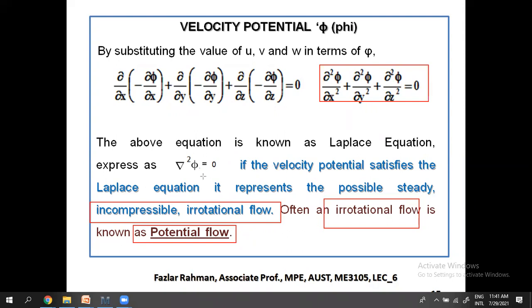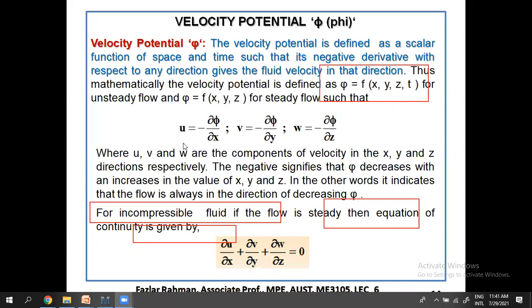So phi comes from the Laplace equation. If you have the Laplace equation, then you can say whether the flow is rotational or irrotational. Another thing, if phi is given, you can easily figure out u and v. Say, for example, phi equal to x square plus y square minus z square.